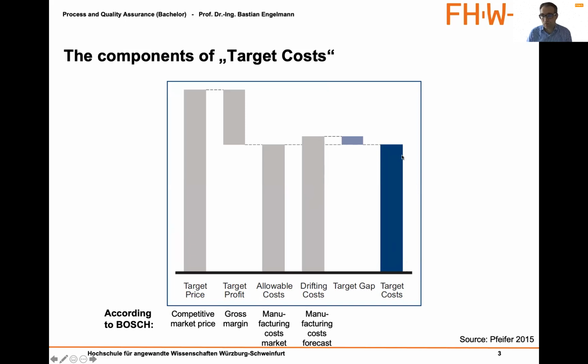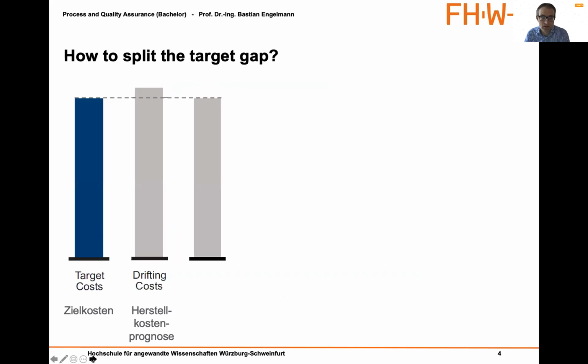And I told you on the next slides that target costs means that we need to distribute it on components or functions. So a better illustration would be to have here for the target costs a color indication that we have different elements here, and these costs in the elements we have to consider.